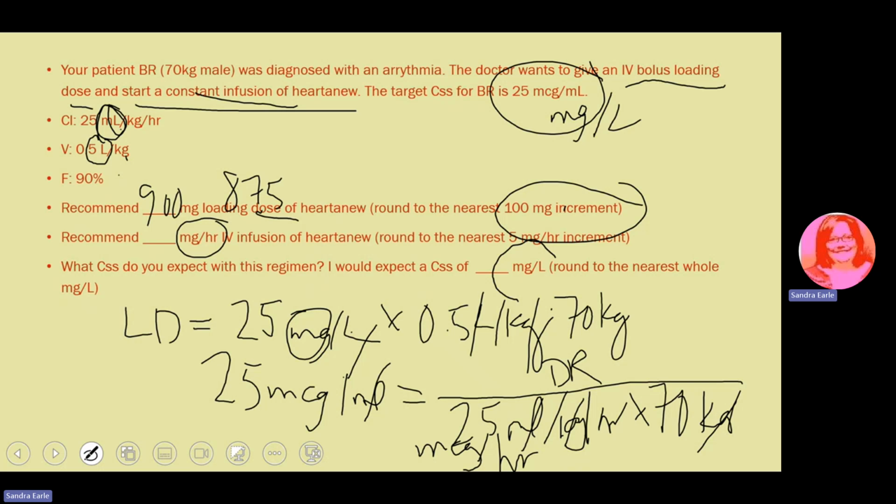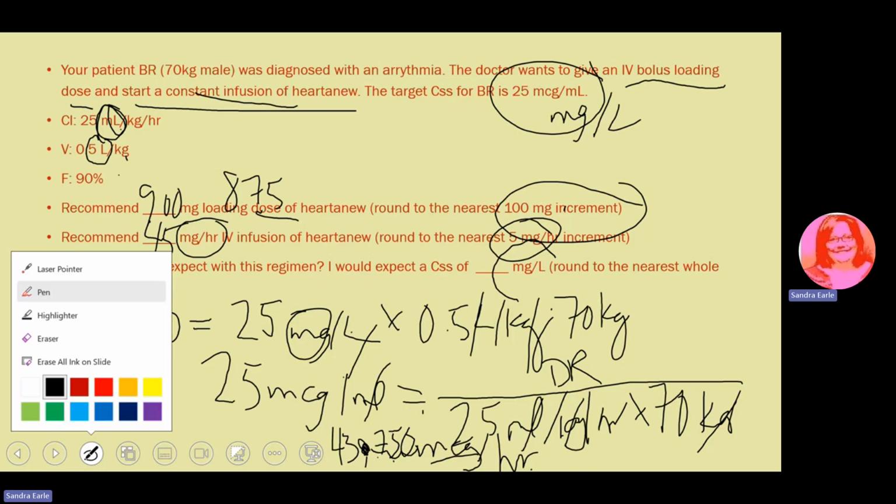So I got 43,750 micrograms per hour. We move this by 3 decimal points, and so we've got 43.75 milligrams per hour. And we're going to round to the nearest 5 milligram increment, so we're going to round this to 45 milligrams per hour. Okay, good.